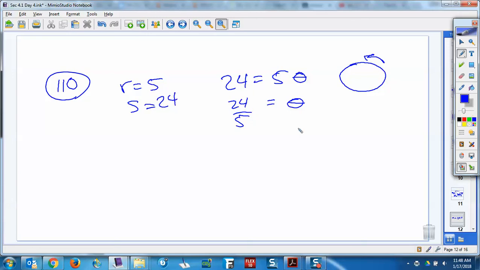What is that? 4.8 exactly. But that's measured in radians. They asked for degrees, so times 180 degrees over pi, because we want radians to cancel radians.